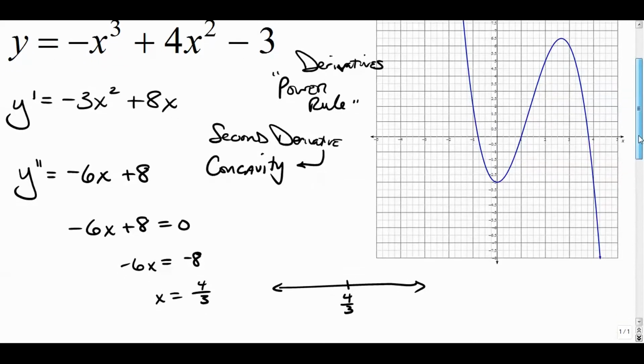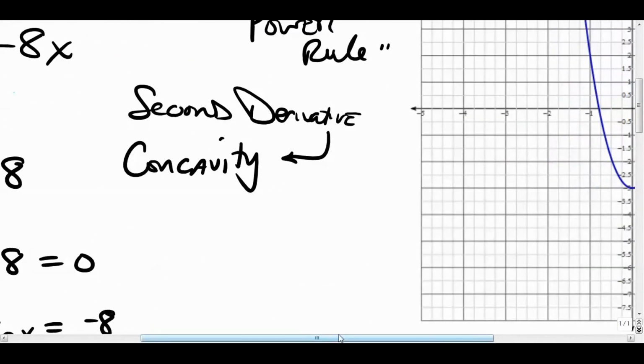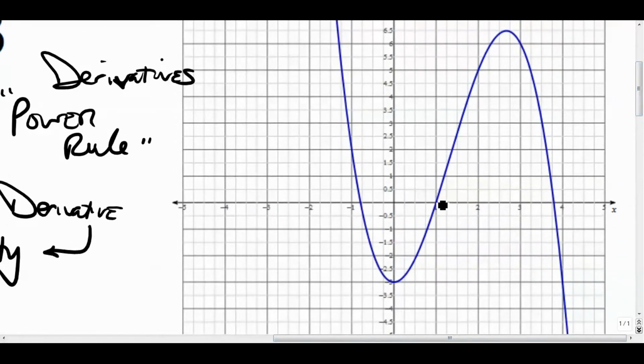So 4 over 3 on our graph is, let me zoom in a little bit here. This is an x value, so here would be 3 over 3, this would be 6 over 3. So 4 over 3 is 1.33. So this is 1.5, this is 1.25. So it looks like it's going to be somewhere in here.